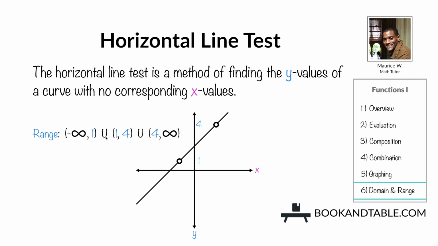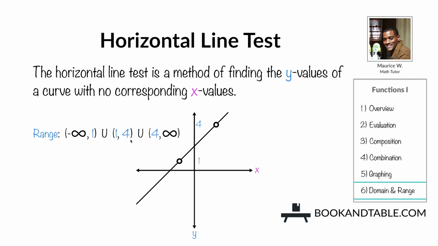You place a union symbol between the intervals, and now the second interval is from where y is equal to 1 to where y is equal to 4. So we have 1, 4 in the middle. Another union symbol between the intervals, and now the third interval is from y is 4 to positive infinity. So that would be this section here, and it would continue.